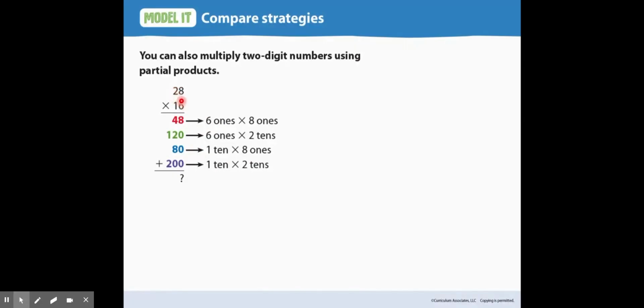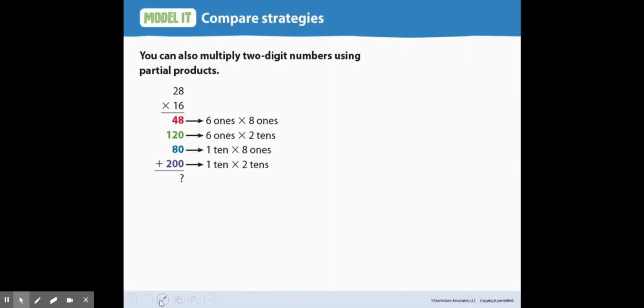So 6 times 20 is 120. And then we have 10, because the 1 is in the tens place. 10 times 8 is 80. And 10 times 20 is 200. And when we add together all of these partial products, then we still get the same answer of 448.